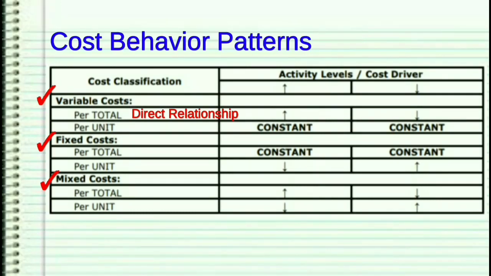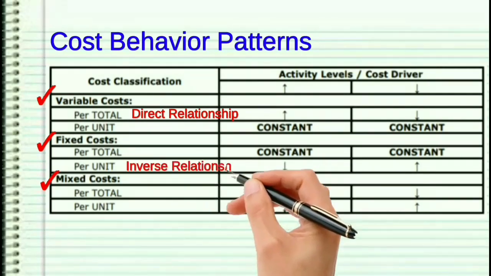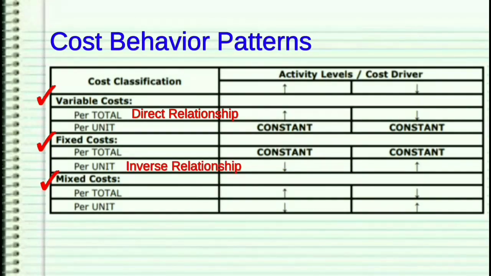How about the fixed cost per unit? Kung nag-increase yung activity level or cost driver, yung fixed cost per unit ay magdi-decrease. At kung nag-decrease yung activity level or cost driver, tataas ang fixed cost per unit.